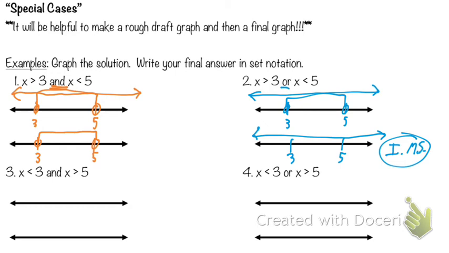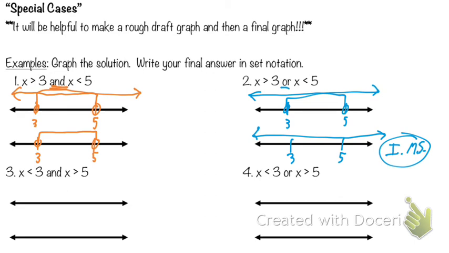So when it's "or," and they end up going toward each other, you have IMS. So we had an "or" graph that went toward each other, which breaks the norm. This was the exception I talked about earlier. We had an "or" graph go toward each other, and now it's IMS.